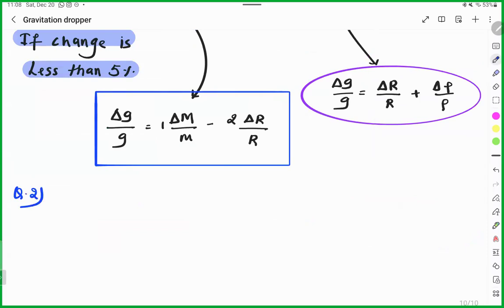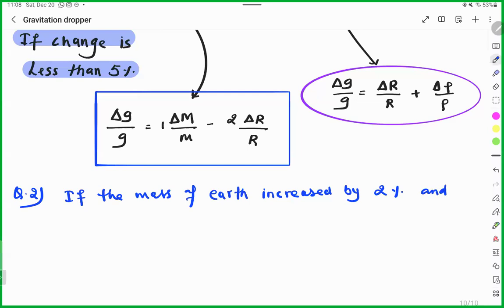Let's do a question, then we'll see the changes in the g value. So, write it down, if the mass of Earth increases by 2% and radius of Earth decreases by 1%, what will be the final change in the g?